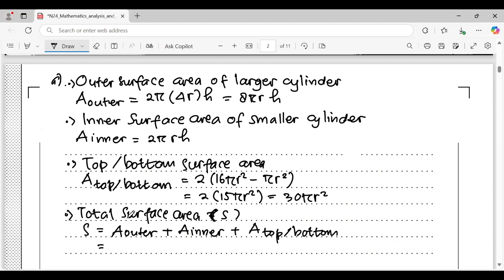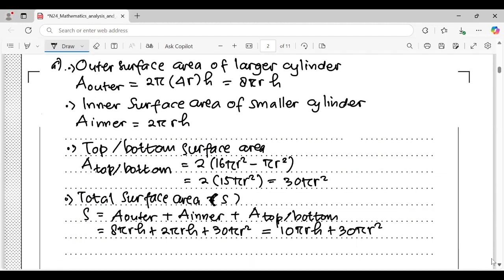Equal 8 pi RH, 2 pi RH, 30 pi r squared, 10 pi r h, 30 pi r squared. That is the total surface area.